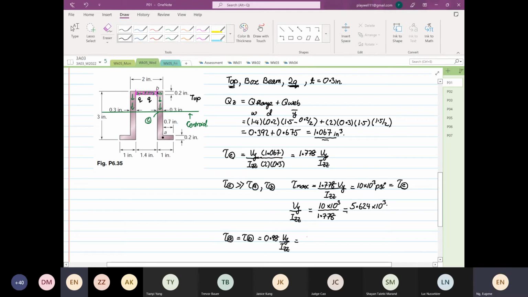So this is equal to 0.98 times 5.624 times 10 to the power 3. So 0.98 times 5.624 times 10 to the power 3 is equal to 5.512 times 10 to the power 3 psi. Okay. Any questions so far?